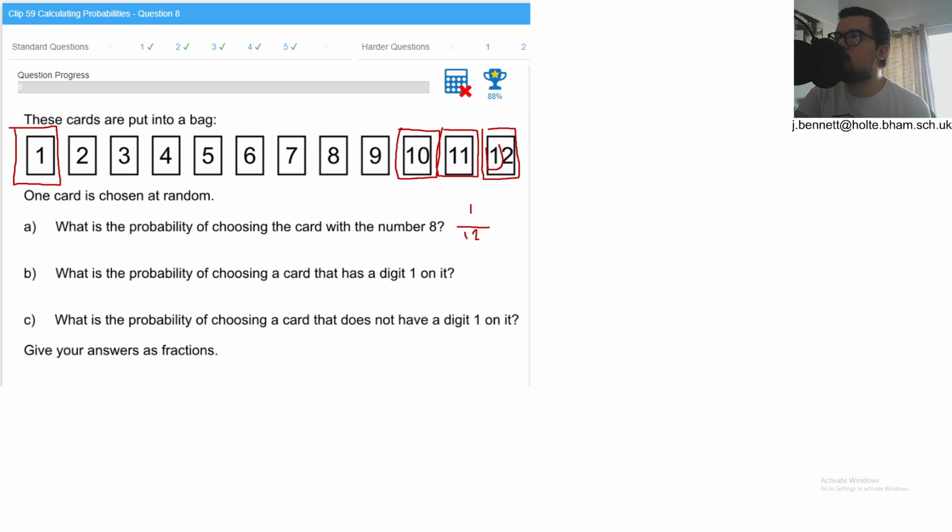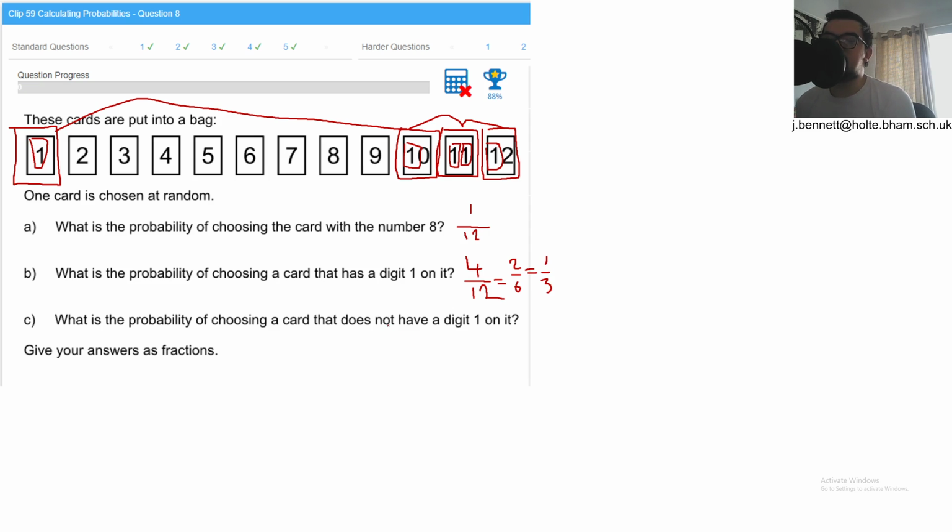So we're looking for these number 1s, and I'm just selecting all of them. How many cards have a digit 1 on them? We've selected 4 cards: 1, 2, 3, 4. So we have 4 over 12, or 2 over 6, or 1 over 3.